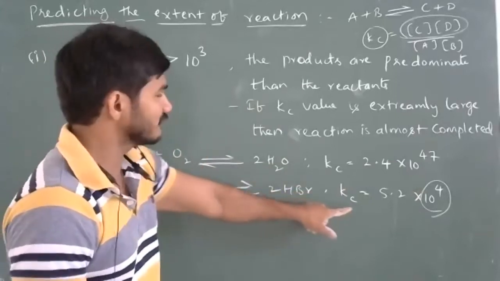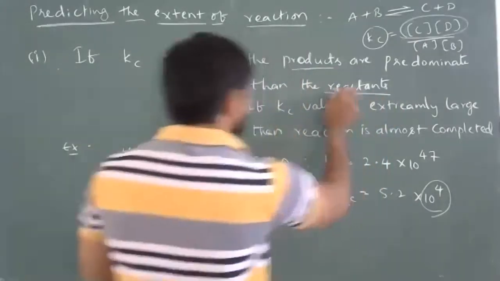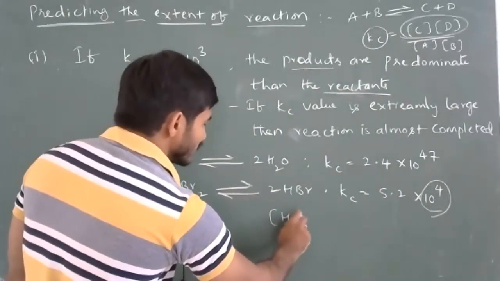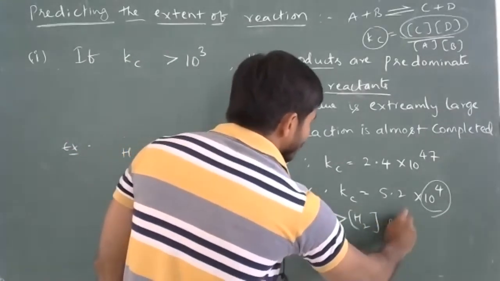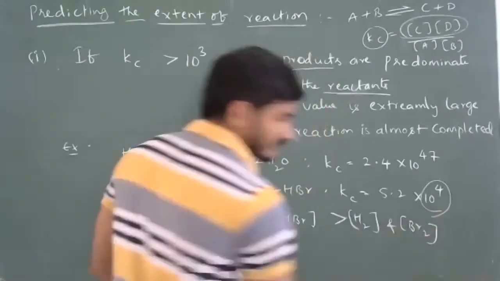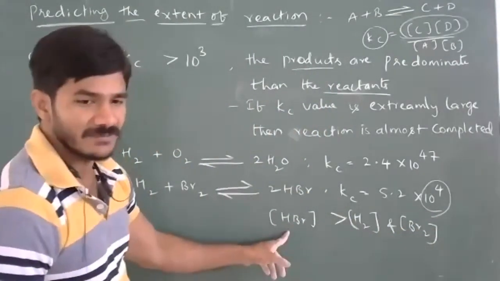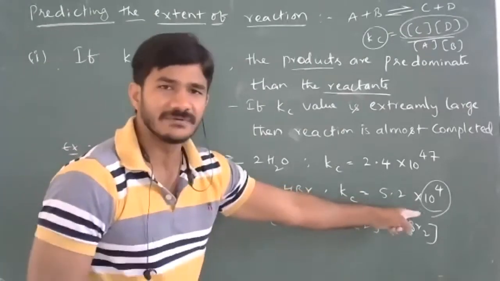So for this equation, products are predominant over the reactants. HBr concentration will be more compared to H2 and Br2 concentration, because this is just above the 10 cube.